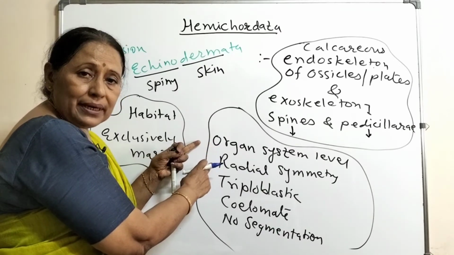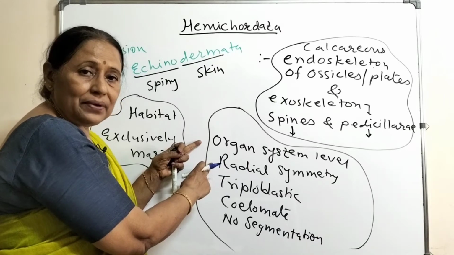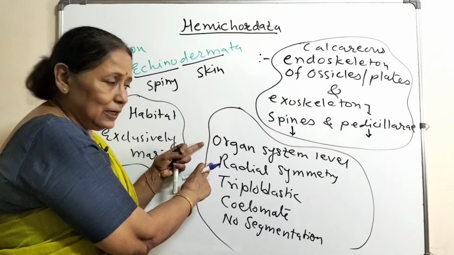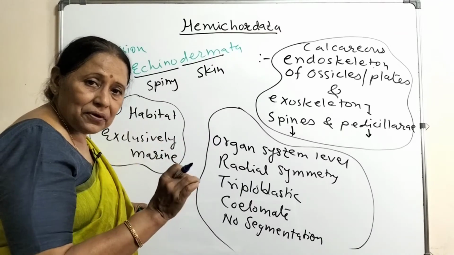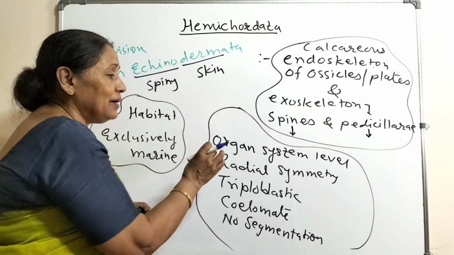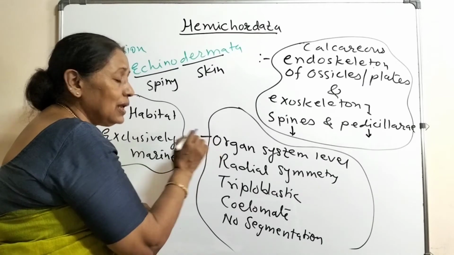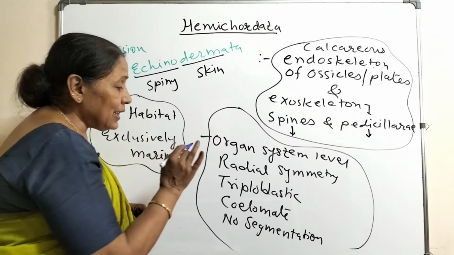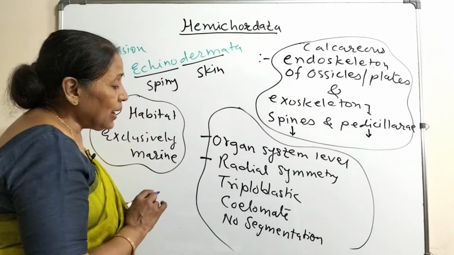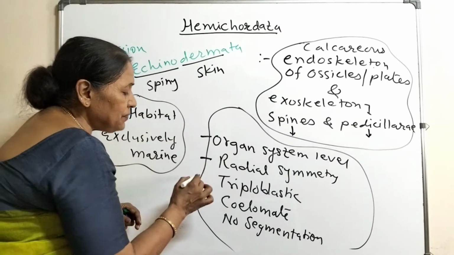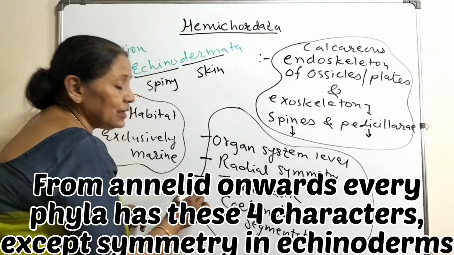Here they have become radial, but their larvae are bilateral. So starting from annelids, all have organ system level, all are bilaterally symmetrical except these echinoderms, but their larvae too are bilaterally symmetrical. Everyone is triploblastic, everyone is coelomate.